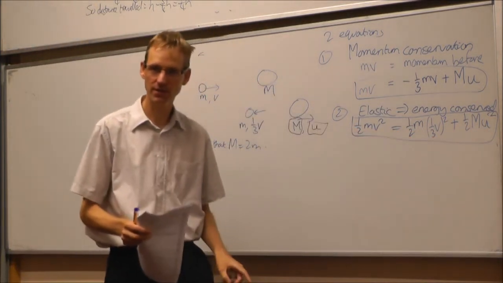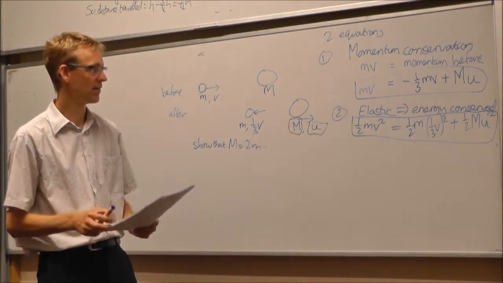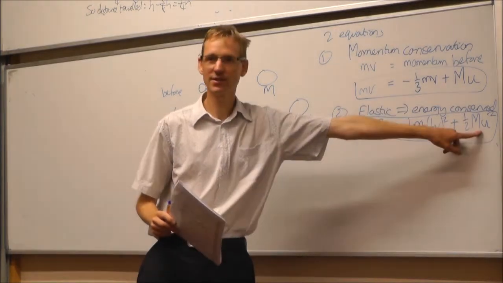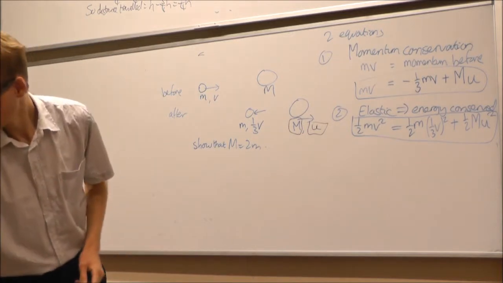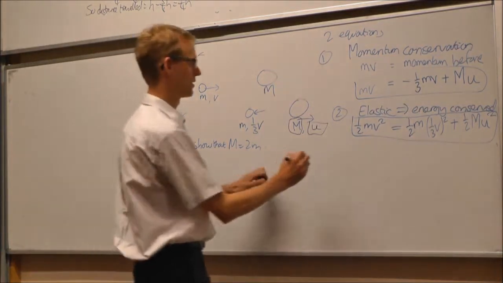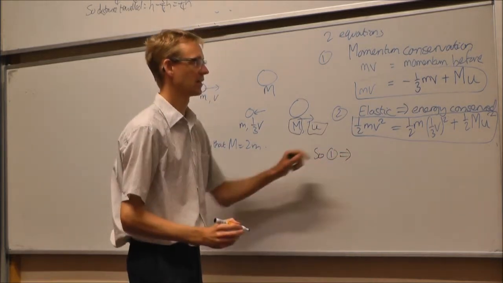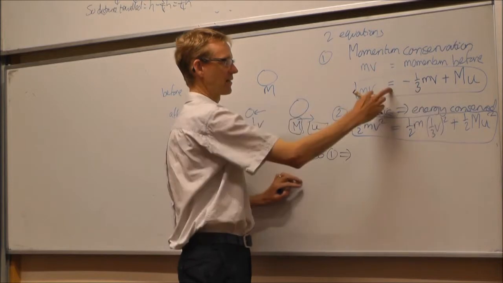We want to find M. So if we find what u is and substitute it in, we should get an equation for M. So one implies, so we want to find the equation for u, so move that over there.